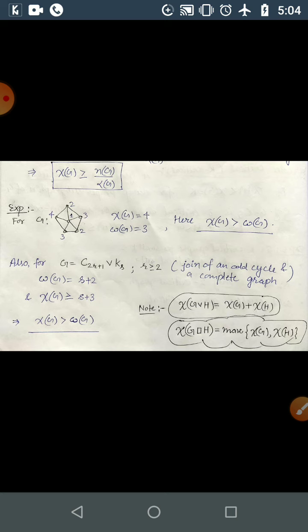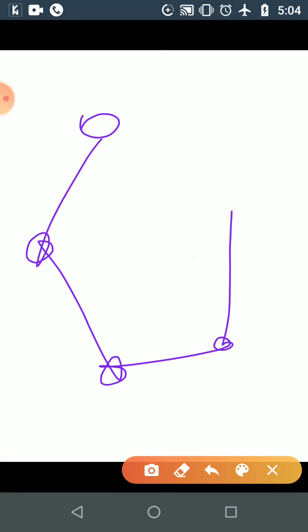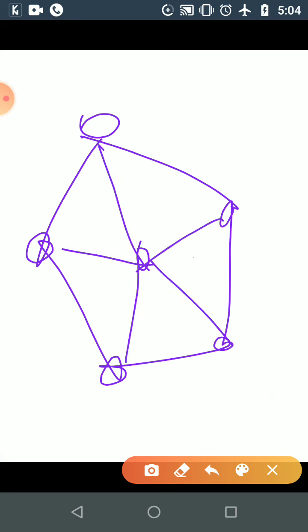So here we have a wheel, you can take this example. Consider this graph. What can you say about the chromatic number of this one, and alpha, and n? Obviously n is 6, correct.